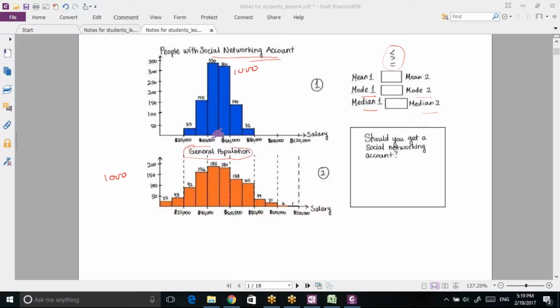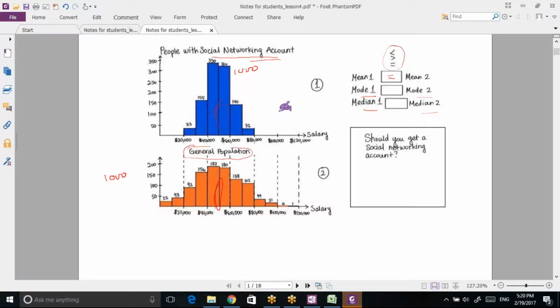It is 50,000. Right, it will be somewhere in the middle only. 40 to 60, 60,000. How about here? Same. Here it's the same. So the mean should be approximately equal.